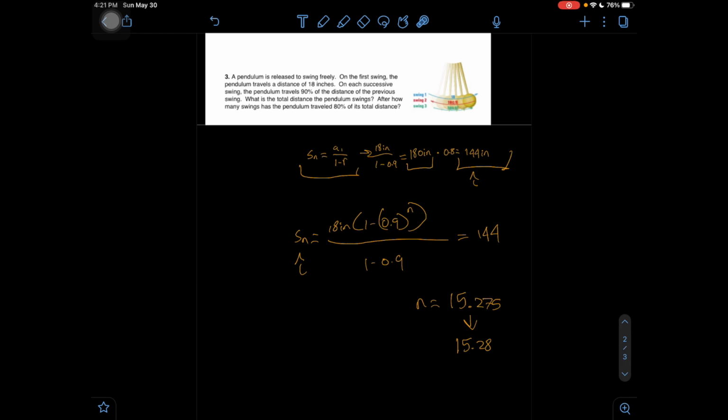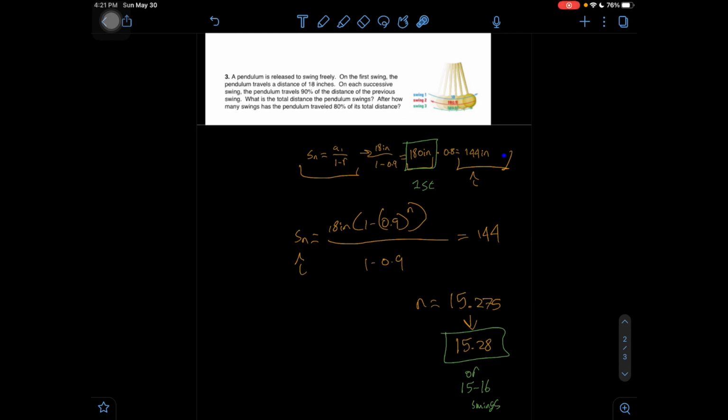The first part of our question asks, what is the total distance the pendulum swings? We calculated the total distance to be 180 inches, so that's our first answer. Our second answer is 15.28, or 15 to 16 swings. The second part of our question asks, after how many swings has the pendulum traveled 80% of its total distance?